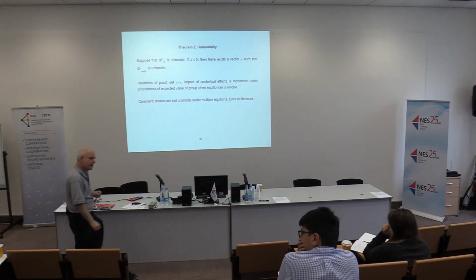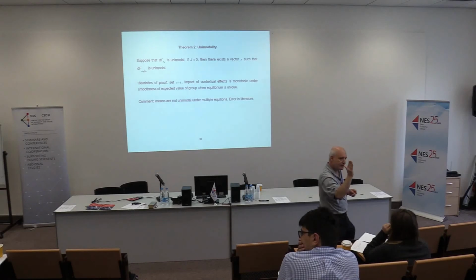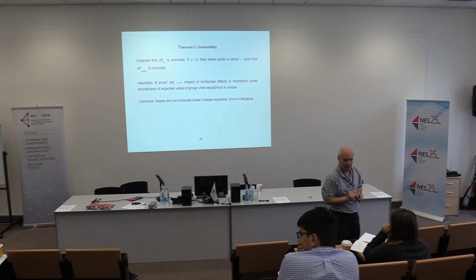Therefore, if I looked at a given fraction of neighborhoods in which, let's say, 40% of people are doing something, and there's no way to construct a unimodal density of d times y, it has to be the case there are multiple equilibria.